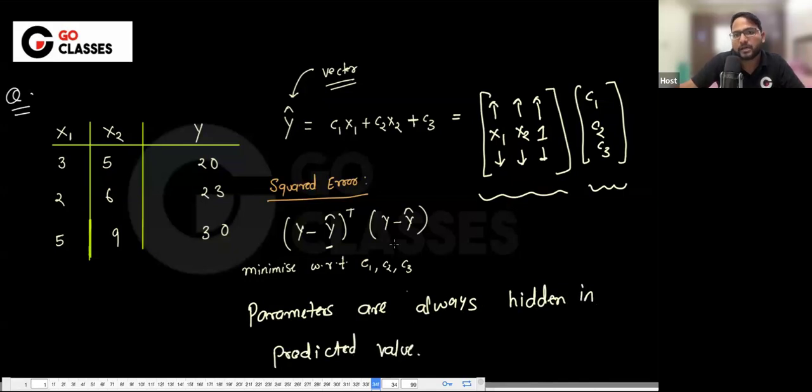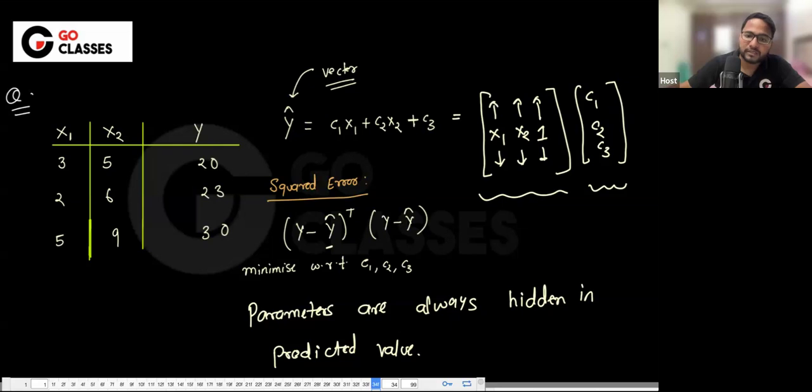Hidden in the sense that if you look at this value more closely, you will find this is actually nothing but C1, C2, C3. It is a composition somehow which is making this y cap. The coefficients C1, C2, C3 are somehow making this y cap, right?